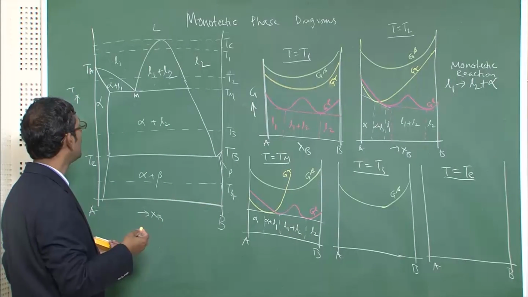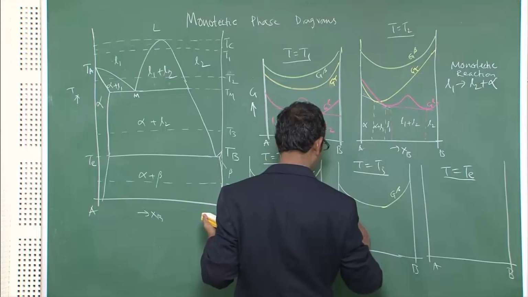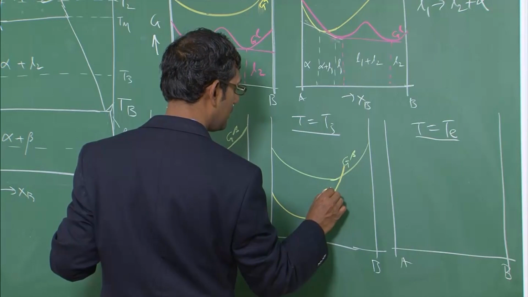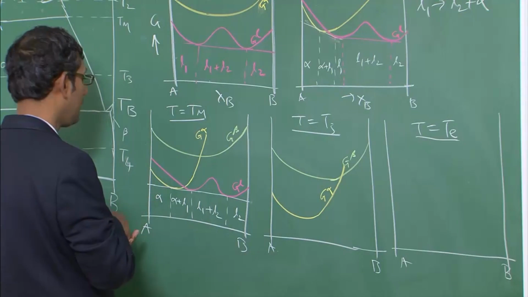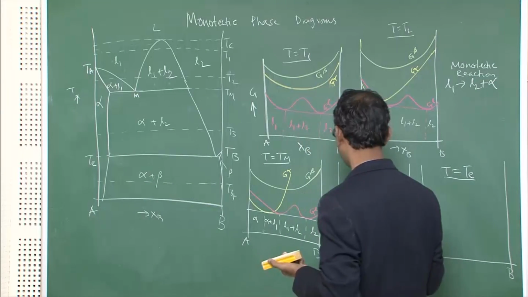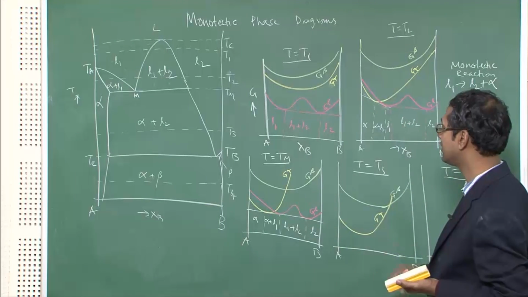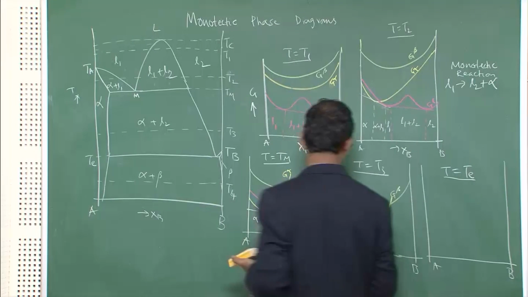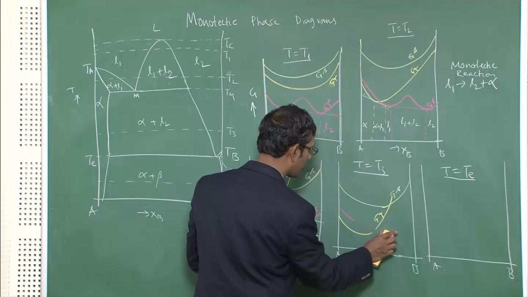Now alpha obviously is present here at T3, so alpha will be coming like this. This is G alpha, and the liquid curve will change shape. It will not be this kind of shape. It will have only this crossover, and a little bit lower slope.